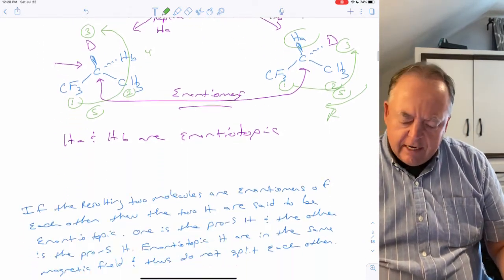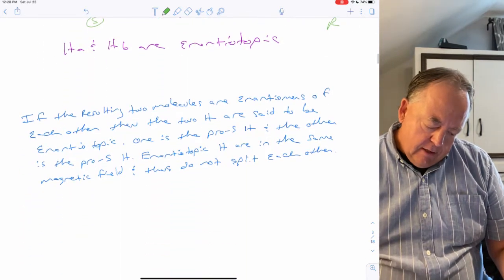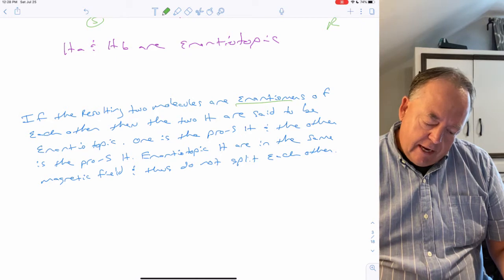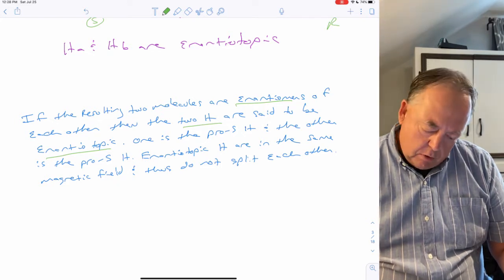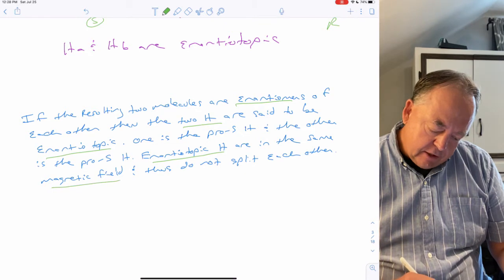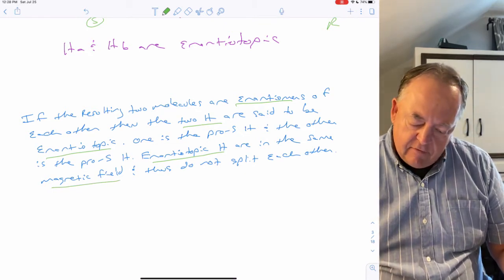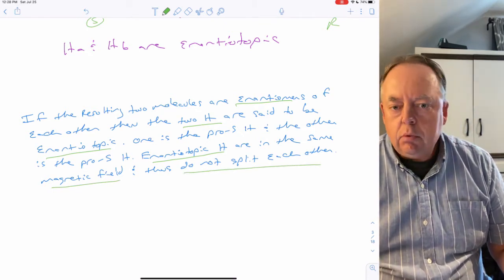But the point is they're enantiotopic. If the 2 resulting molecules are enantiomers of each other, then the 2 hydrogens are said to be enantiotopic. One is pro-R, one is pro-S, but the main point is that enantiotopic hydrogens are in the same magnetic environment, and so they do not split each other.